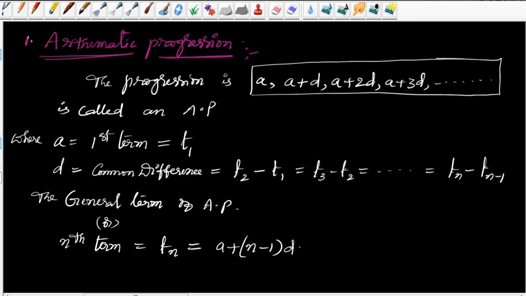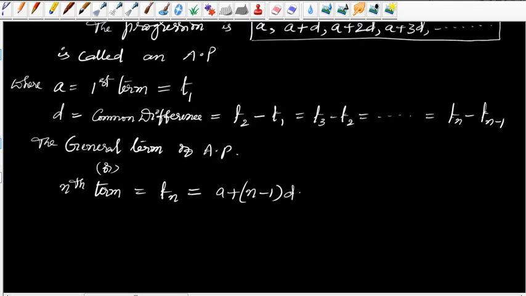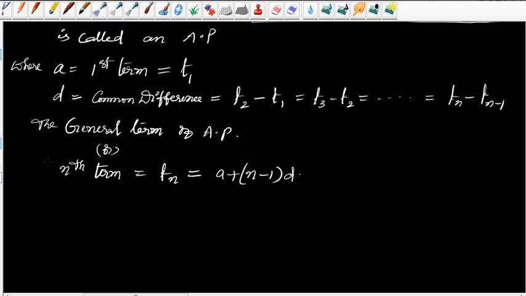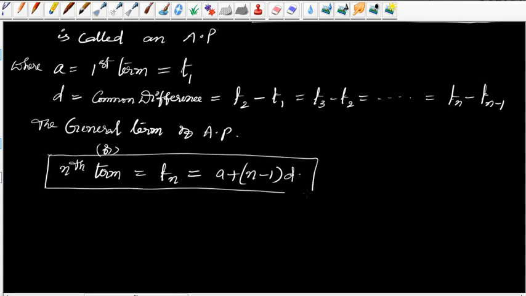Now one more formula: the sum of the first n terms in an arithmetic progression.